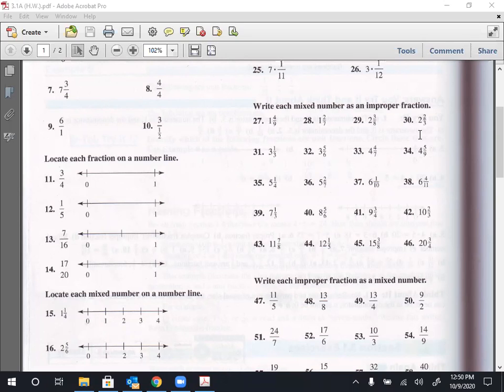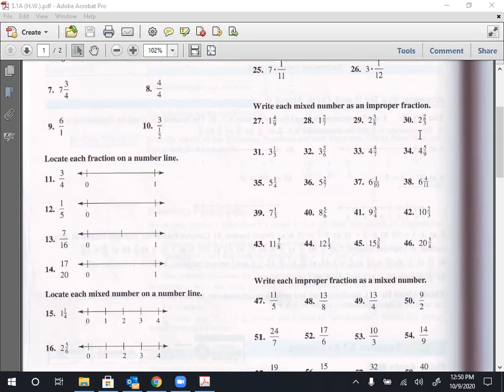Actually, you're going to make 3 marks because you want 4 divisions, right? And each of those is equally spaced. So 3/4 is going to be 3 marks over on the number line.